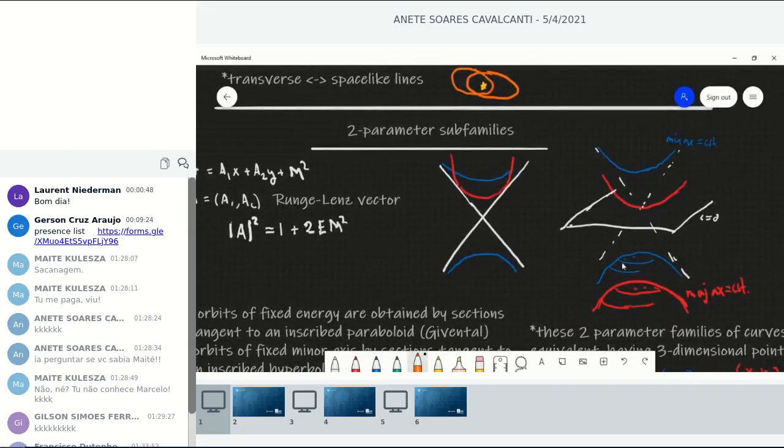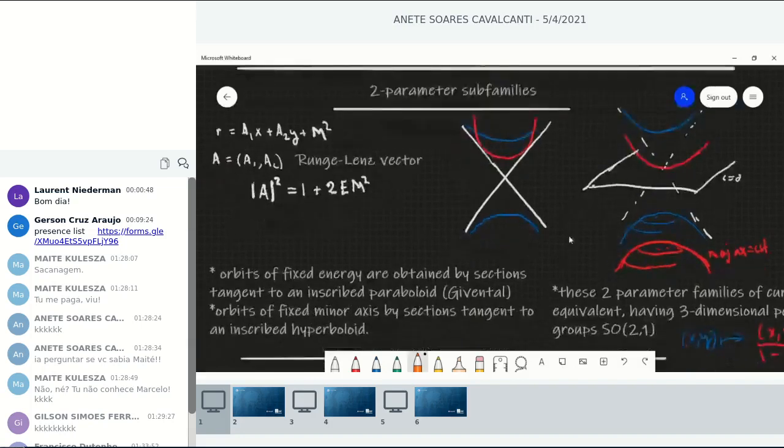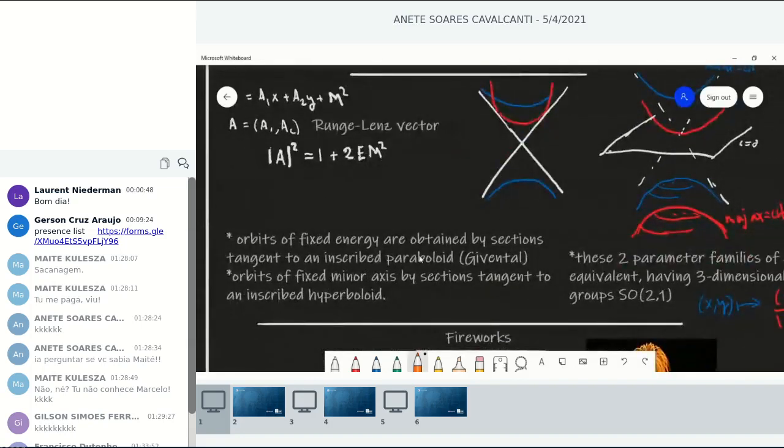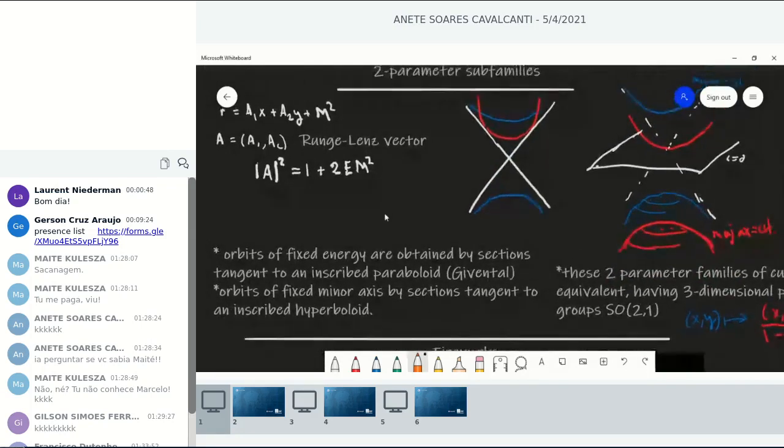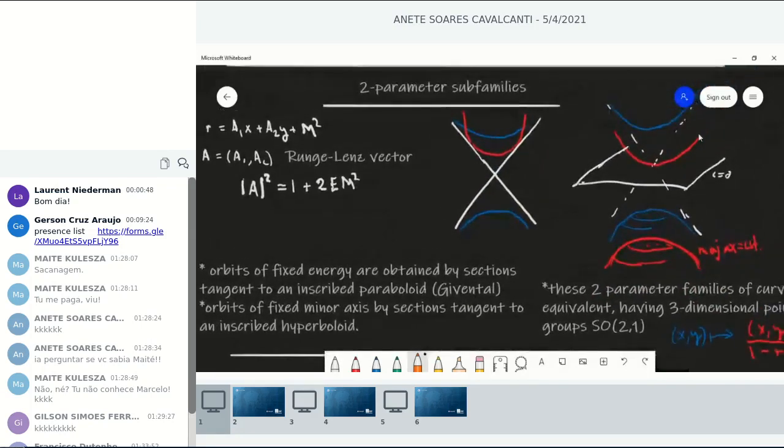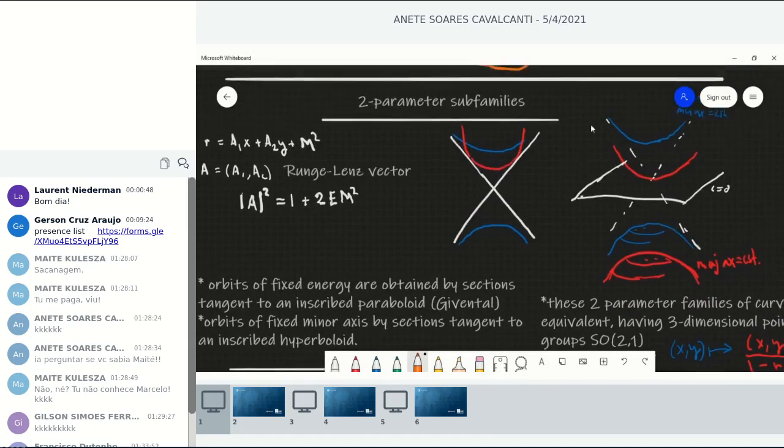Another one, in blue, that I draw is the family of orbits with fixed minor axis. This is just the standard two-sheet hyperboloid drawn inside this null cone through the origin, so they're just translates of each other. This is what I've written out here. You get the surfaces in the dual space, and then you use projective duality: the dual of a quadratic is another quadratic, the envelope of all these tangent planes.